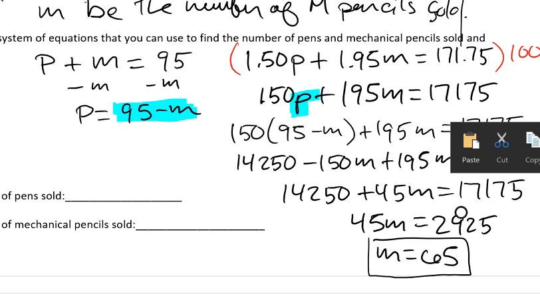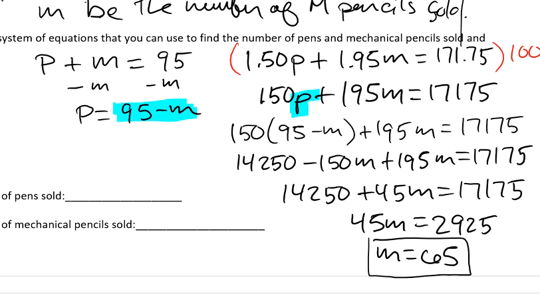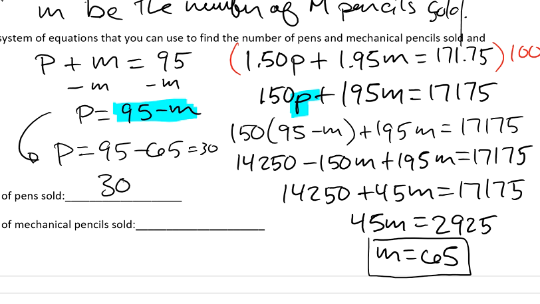I know my mechanical pencils is 65. So if I plug that into this equation, right, P, the number of pens, is 95 minus that 65 I just found. And 95 minus 65 would be exactly 30. So I think the number of pens sold, so I'll write this as 30. So I've sold 30 pens, and I've sold 65 of the mechanical pencils.